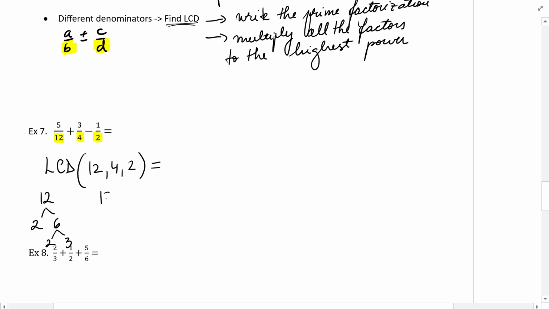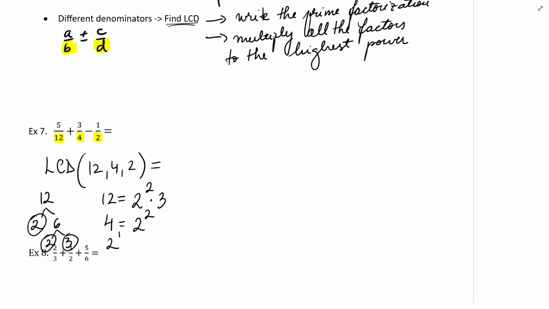So the prime factorization of 12 is 2 times 2 times 3. So it's 2 to the second times 3. 4 is 2 times 2, so it's 2 to the second. And 2 is just 2 to the first. So now we wrote the prime factorization of each number, and now multiply all the factors to the highest power.